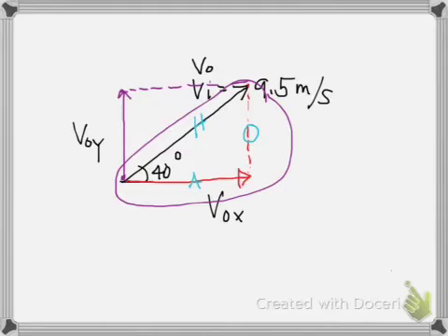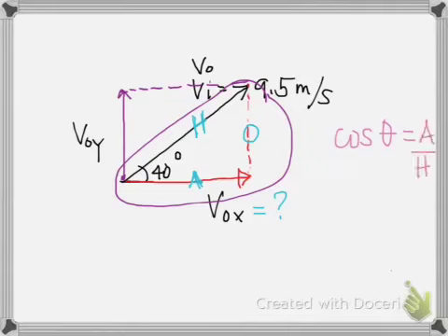So in order to find first the VOX, the function that we use involves the adjacent side and the hypotenuse, which in trigonometry is cosine. So cosine of the angle is equal to adjacent side over hypotenuse.